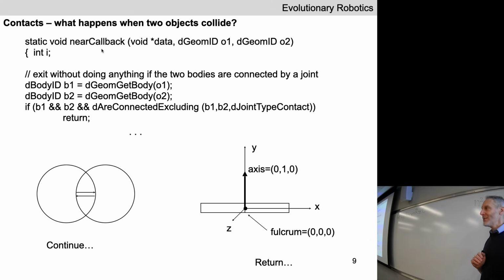In Open Dynamics Engine, there is a callback function. This is something that some of you may not have seen before, especially if you're not a computer science major. There is a form of programming called event-driven programming, in which your computer is detecting behind the scenes whether or not certain events happen. Then when an event occurs, your computer jumps to that point in the code, that callback function.